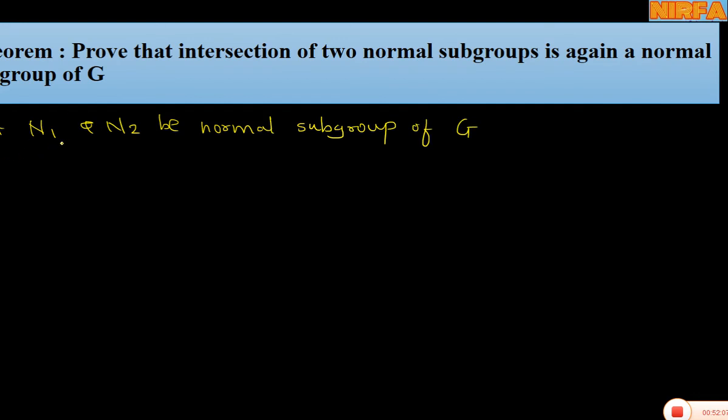That means, according to the definition, g n1 g inverse belongs to N1 for any element n1 of N1. Similarly it happens with N2. Now what is our claim?